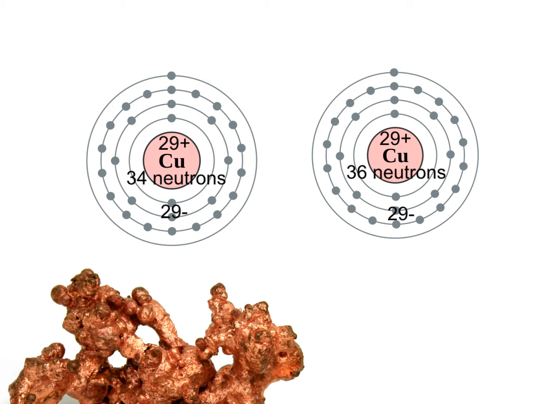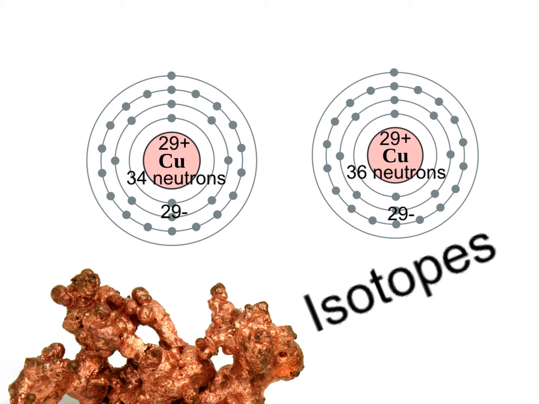When you have atoms of the same element with a different number of neutrons and therefore a different mass, those are isotopes of that element. So if there are actually two kinds of atoms of copper that are stable, and this one's a little bit heavier than this one, then which mass is on the periodic table?